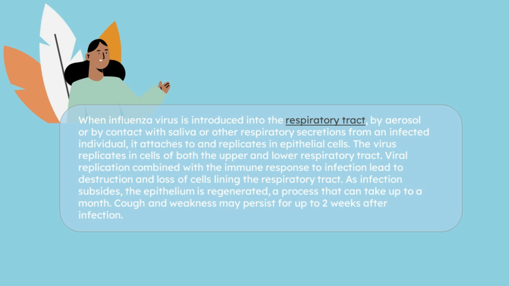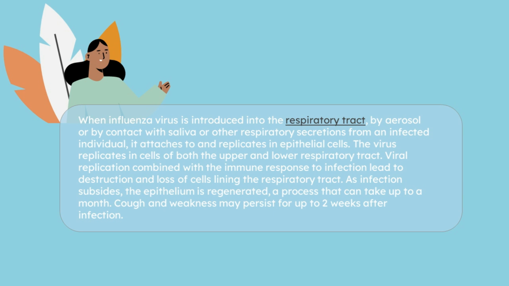The virus replicates in cells of both the upper and lower respiratory tract. Viral replication combined with the immune response to infection lead to the destruction and loss of cells lining the respiratory tract. As infection subsides, the epithelium is regenerated, a process that can take up to a month. Cough and weakness may persist for up to 2 weeks after infection.